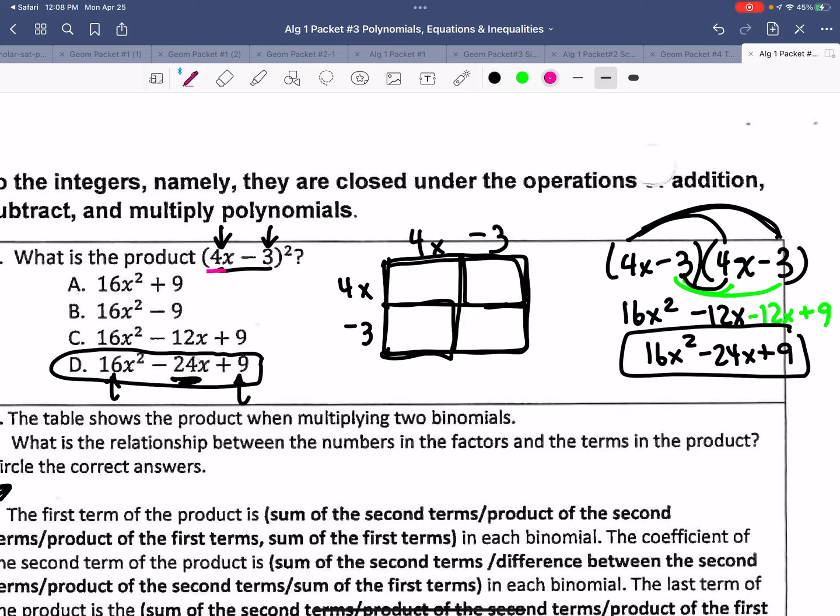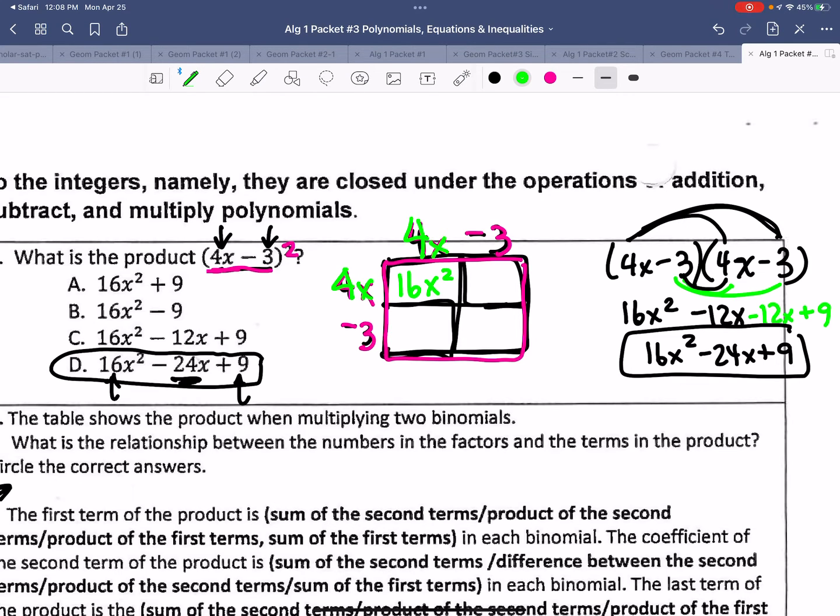So in the same way, we could write 4x minus 3 here, and we're squaring it, so it is a square. Its height and width is the same. We can multiply it. So in this box would be 16x squared because it's 4x times 4x.